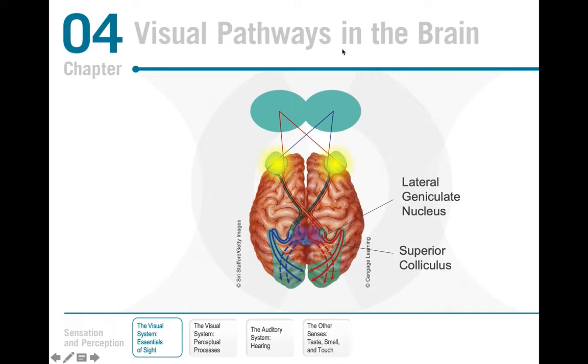So let's look at this diagram again. After reaching the optic chiasm, the major visual pathway projects through the lateral geniculate nucleus, which is this and that. So I really should have another line over here. The major visual pathway projects through the lateral geniculate nucleus in the thalamus and onto the primary visual cortex, shown by the solid lines, the red line and the green line right here.